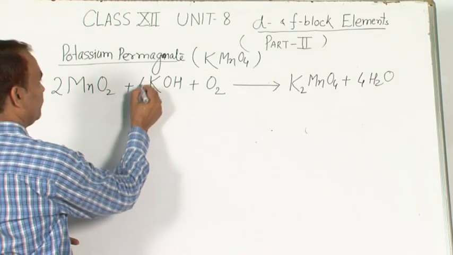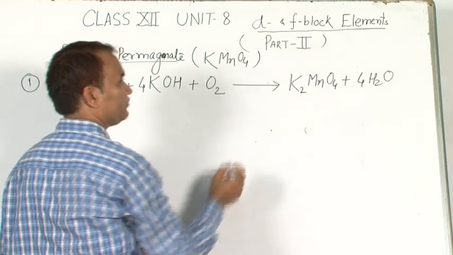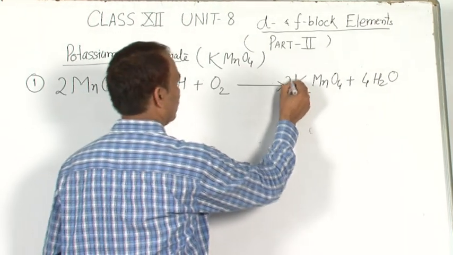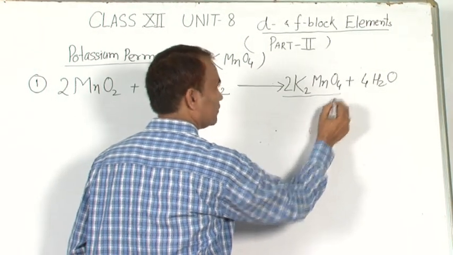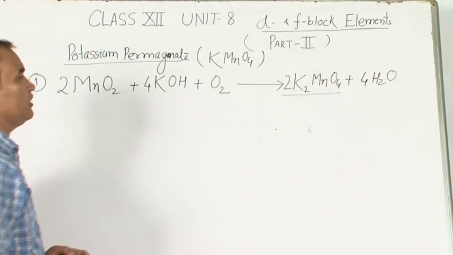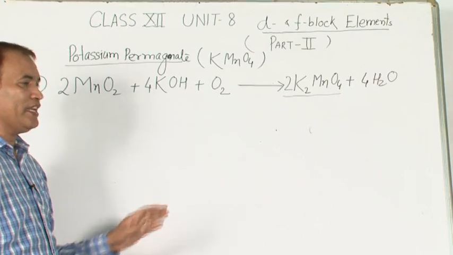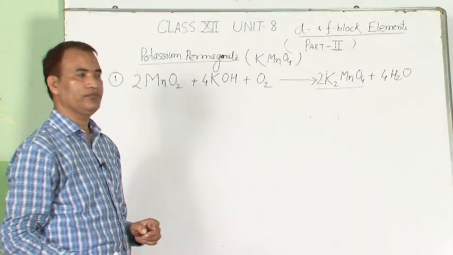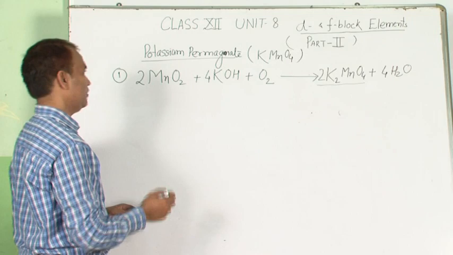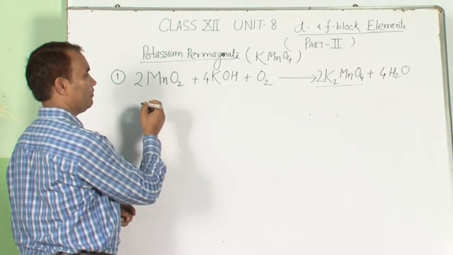2 will be 4, here 2. This potassium manganate is filtered off, then it is hydrolyzed with the acid to convert into potassium permanganate.